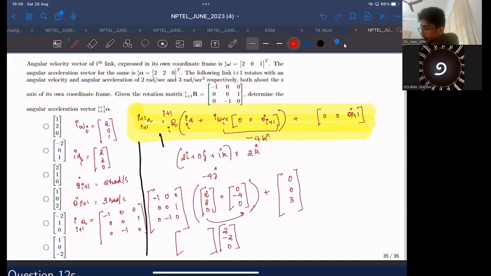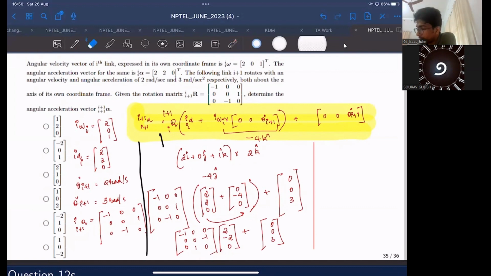So taking the transpose, it would be minus 1, 0, 0, 0, 0, 1, 0, minus 1, 0. This thing added with 0, 0, 3. Evaluating the matrix multiplication term, the first row would be minus 2, the second row would be 0, the third row would be minus 2 again.